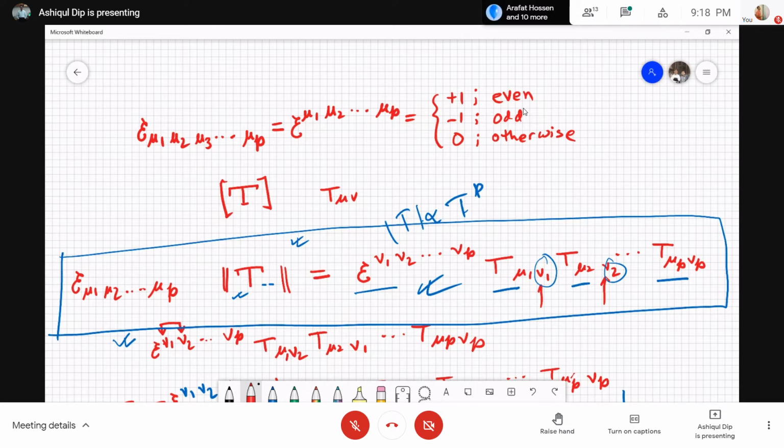Before finding the component of something, we define the value of E. That's the problem. We forcefully define some value. But how could we expand in terms of it? I mean, we could expand that tensor in terms of its components, and we can expand that tensor in terms of the permutation symbol. Why can we do that?